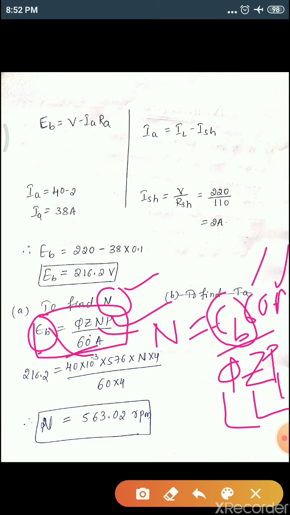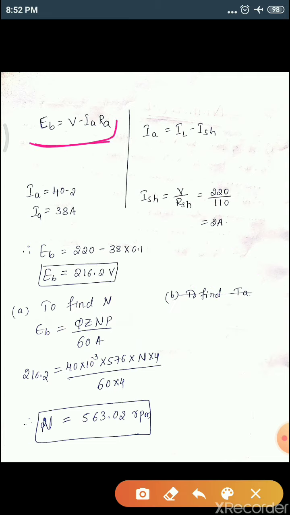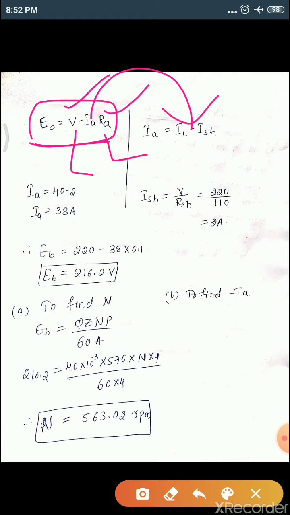Let's calculate that EB. Once you know EB, all the values we know, substitute and you will get the answer. Back EMF in the shunt DC motor, EB, is nothing but V minus IA RA. V is the supply voltage and RA is the armature resistance, which they have given. So we need to calculate IA.